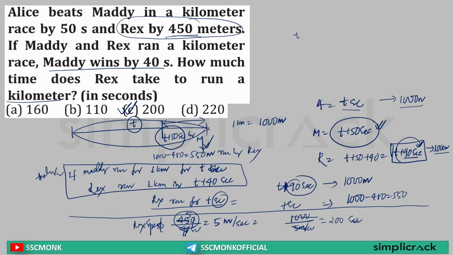So in t plus 90 seconds, Rex covers 1000 meters. But Rex covers 550 meters in t seconds, and from that we find that the remaining distance of 450 meters will be covered by Rex in 90 seconds, because that is the additional time. From that we got the speed, and from that we got the timing. Clear? Sorted? Next.